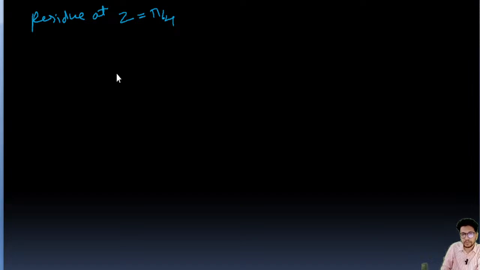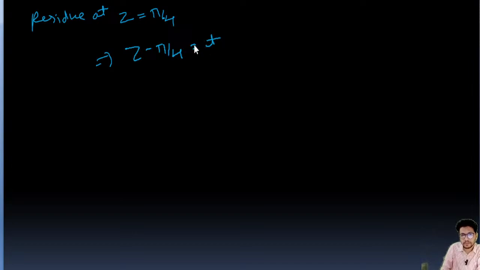For z equal to pi by 4, we can say z minus pi by 4, and we'll call it t.